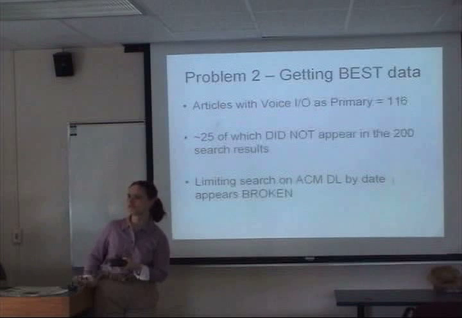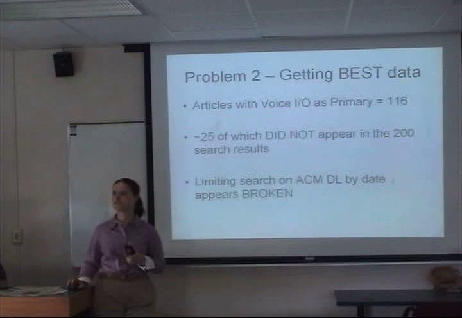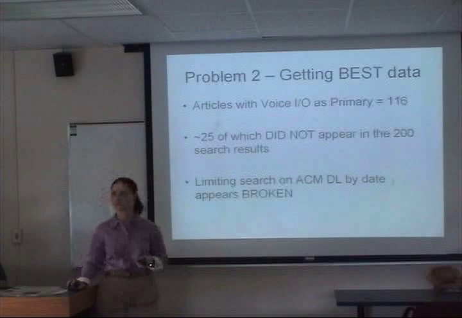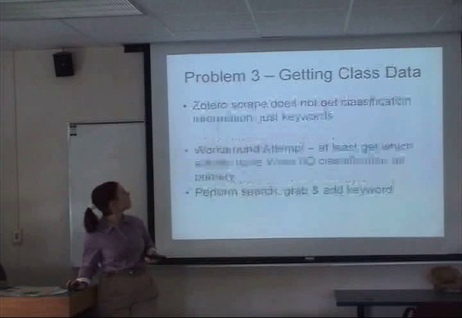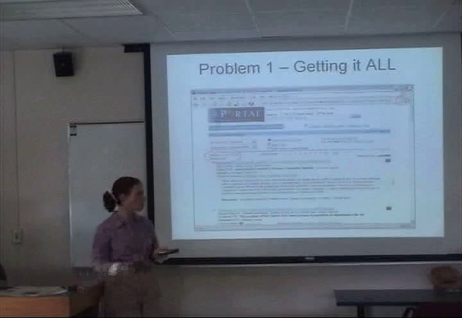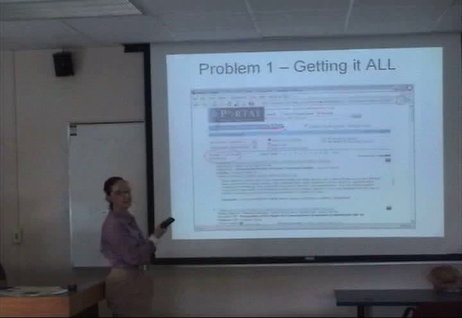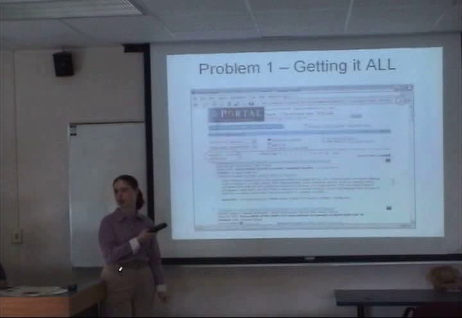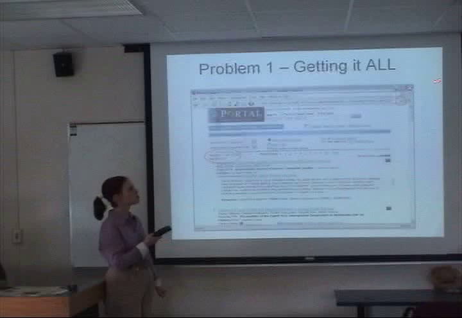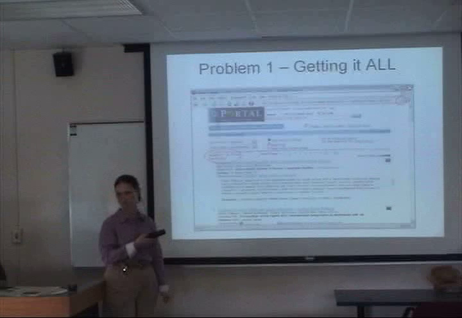Can I quickly ask, what do you mean by the search results? Are they full text search? This here, right here, that's the classification string. So there's a special syntax for that. Okay.